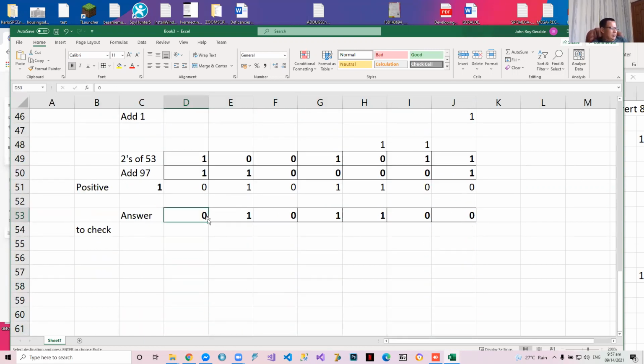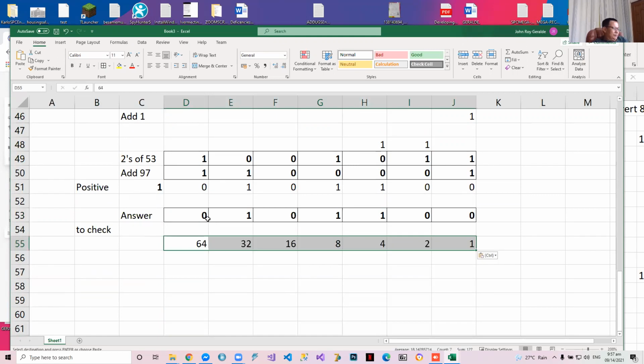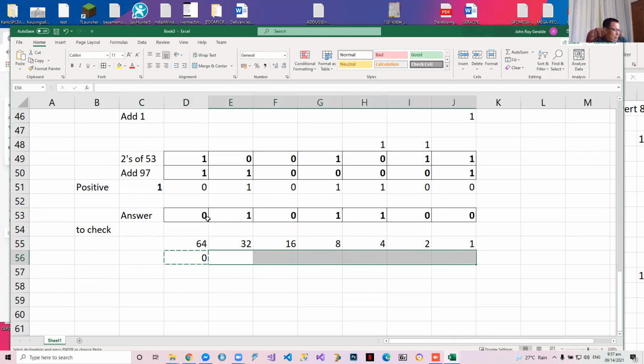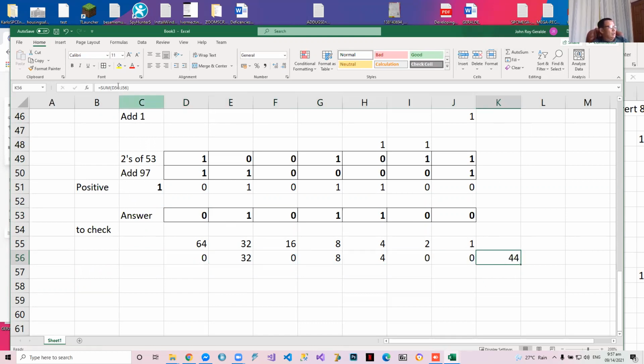We'll just compute the total sum. Then we'll just sum this. Take note, it's a 44. Okay. We follow. So this is our answer.